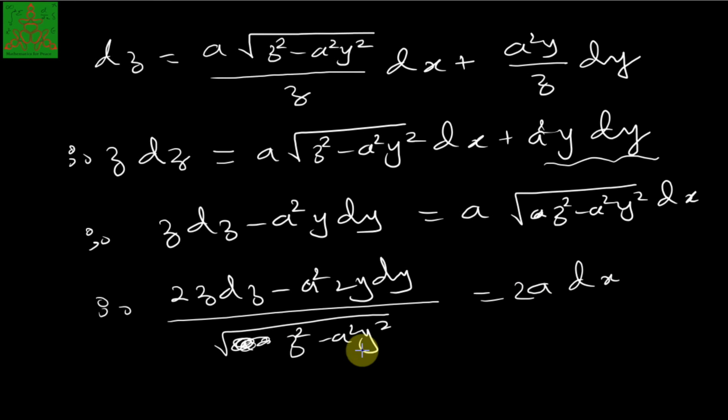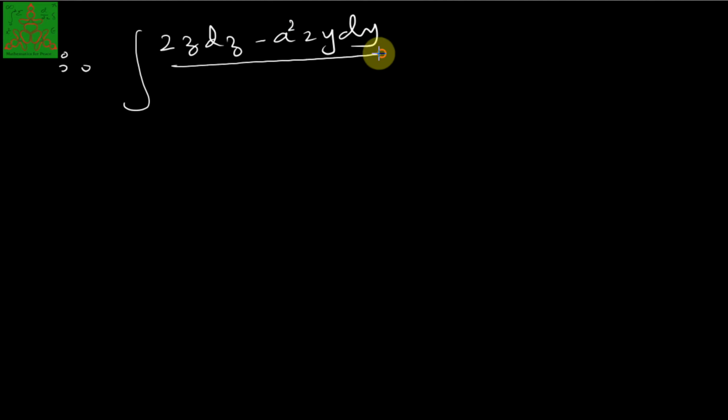The derivative of the term under the root is in the numerator. Therefore, integration of 2z dz minus a square 2y dy under root of z square minus a square y square is equal to 2 times a dx.